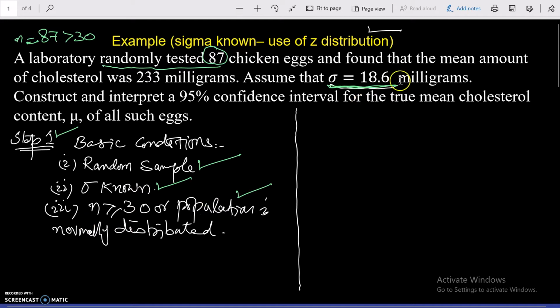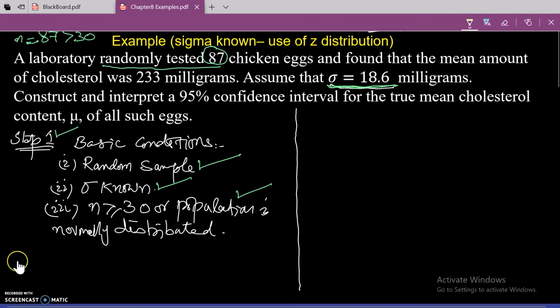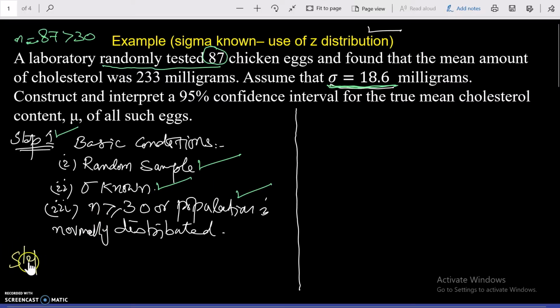So let's see what the second step is. In the second step, we decide the confidence level and choose the critical value.